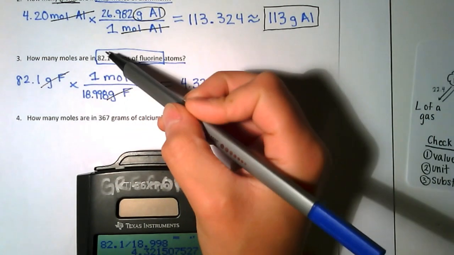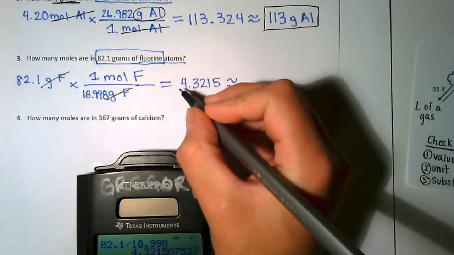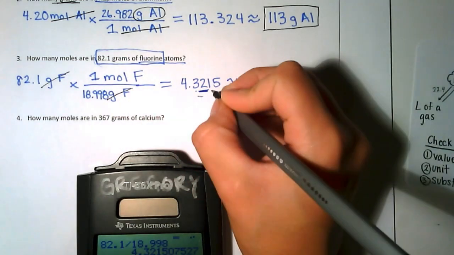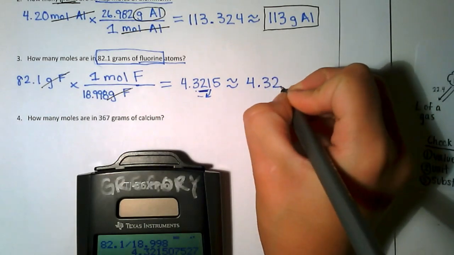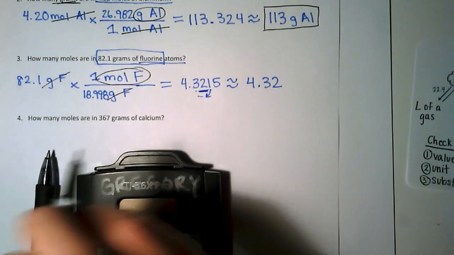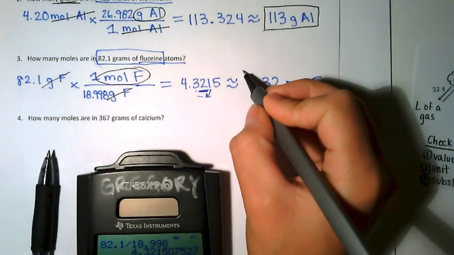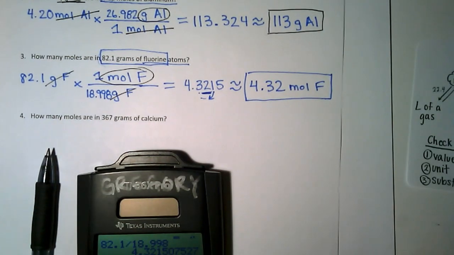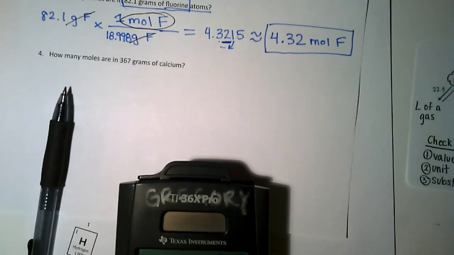But I only have 3 significant figures in my given value, so I need to round this to 3 significant figures. This 1 makes it round down to the 2, so we have 4.32, and then our units that are left are moles of fluorine, so I'm going to put moles of fluorine. Box that answer in.